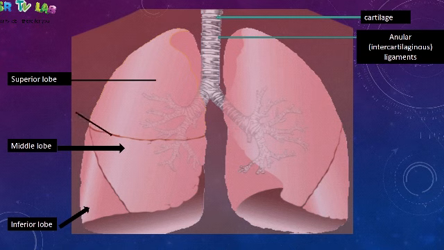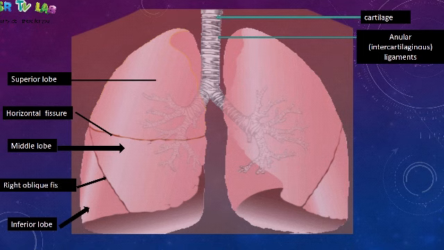Let's see now what separates the superior and the middle lobe. It is called the horizontal fissure. You see, it is horizontal. Then what separates the middle lobe and the inferior lobe is called the oblique fissure. As you can see, it is oblique.